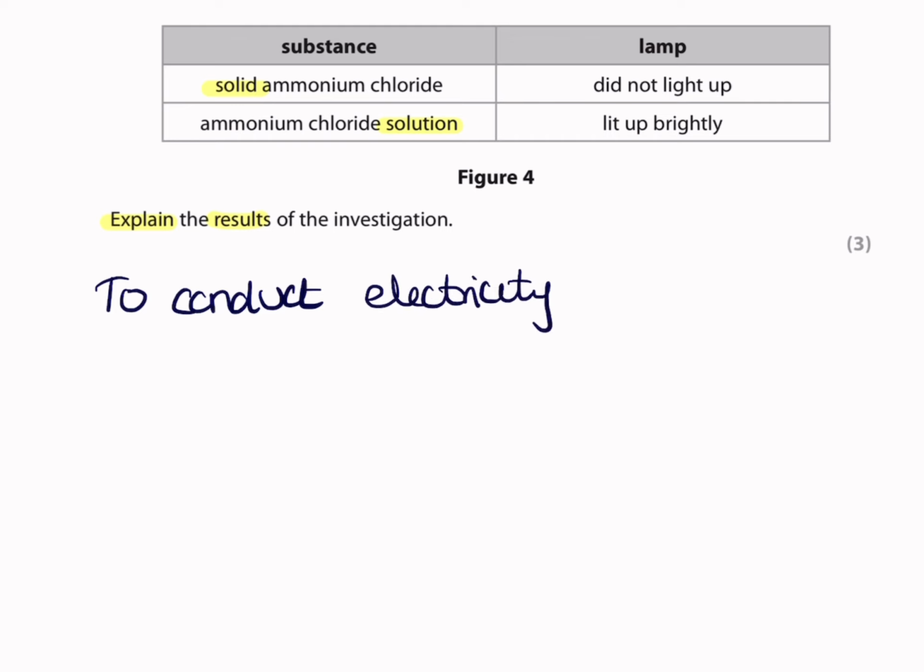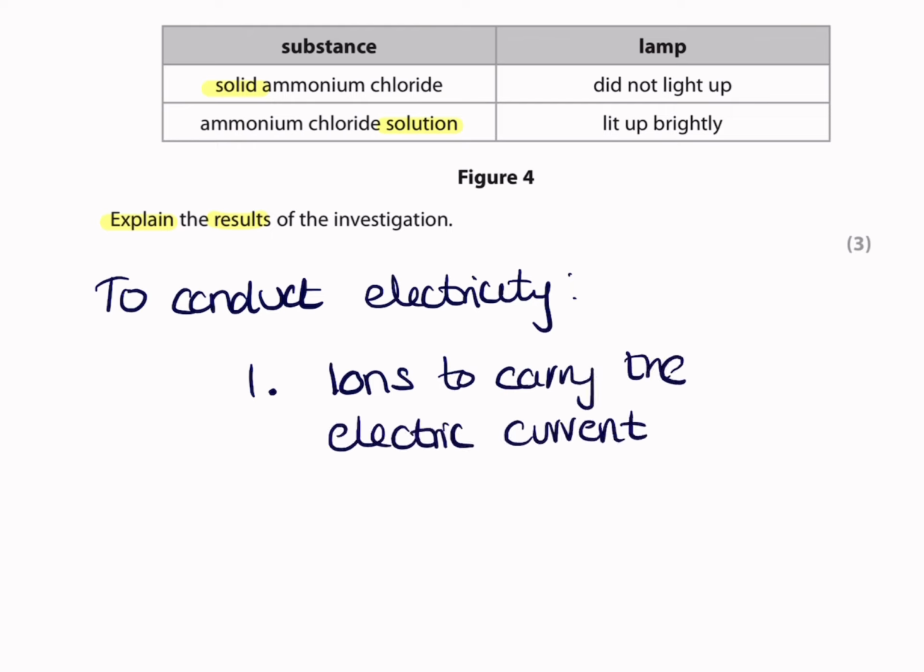So back to the point of the question, which is to conduct electricity. To conduct electricity, a material needs to have 2 things. The first thing is it needs to have ions to carry that electric current. It needs to have positively charged or negatively charged particles. The second thing is that the ions need to be able to move.